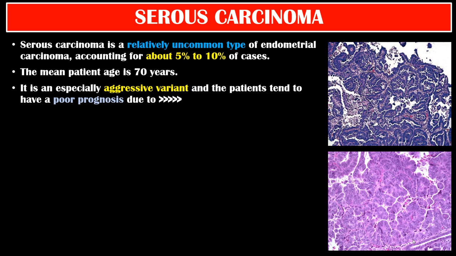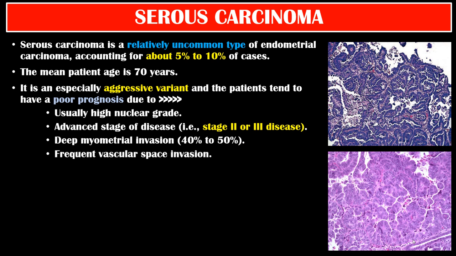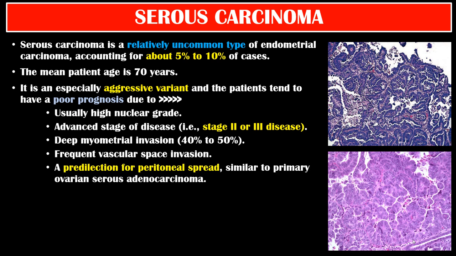tend to have a poor prognosis due to usually high nuclear grade, advanced stage of disease, that is stage 2 or 3 disease, deep myometrial invasion in 40% to 50%, frequent vascular space invasion, a predilection for peritoneal spread, similar to primary ovarian serous adenocarcinoma.